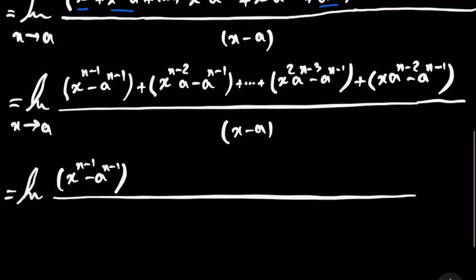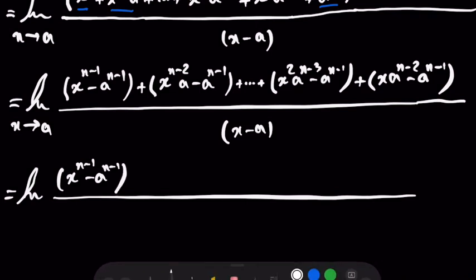This from the second term, here we can factorize a, so it's going to be plus a times x to the power of n minus 2 minus a to the power of n minus 2. What about the other term here?